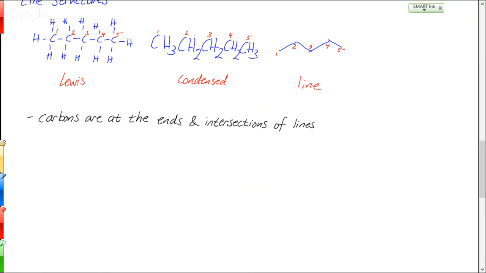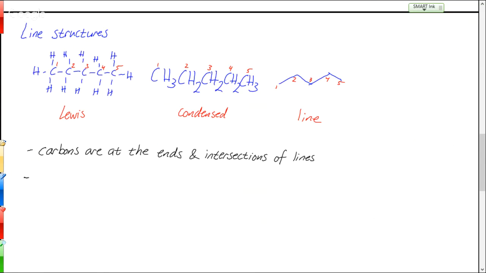So if I connect 4 carbons in a row, you can see that that is actually the shape that it would make. I'm not showing the hydrogens. It's not a straight line. It's a zigzag because of the bond angles of that tetrahedral structure. So with line structures, not only do we get a more convenient way of drawing, but we also have a better reflection of what the real shape of that molecule would be.